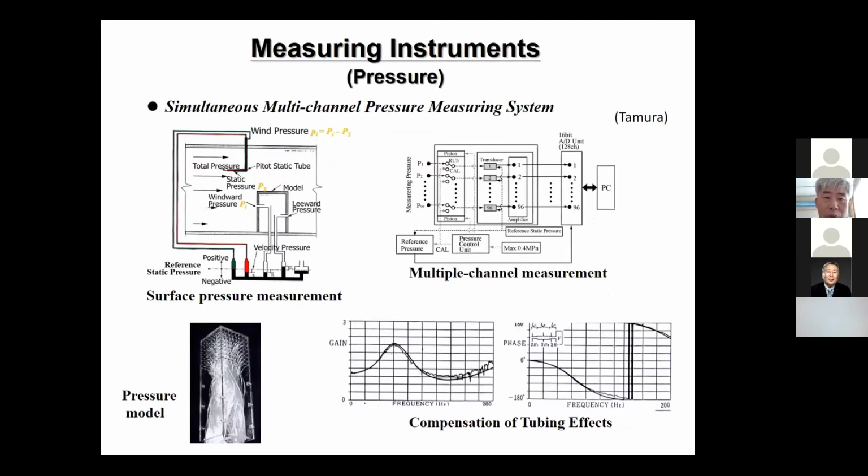Also here, we use pressure measurement. For pressure measurement, we have a lot of pressure taps on the models, and then we can simultaneously measure the pressure on the models. Of course, because the tap is linked to the transducer by a tube, we have to do some tubing effect analysis to compensate.